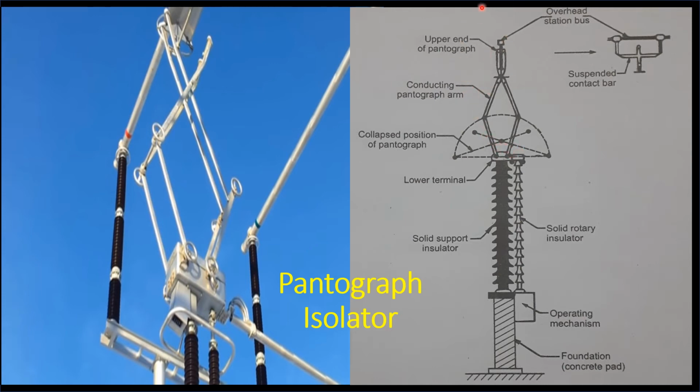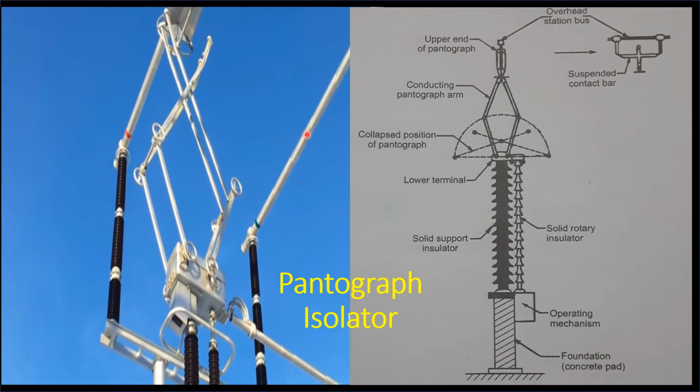It is just like a pantograph of your traction system, and to operate it we have a special operating mechanism. This operating mechanism is linked with the pantograph through a rotary insulator assembly, and this is a fixed, solid support of insulators to assemble the pantograph construction.